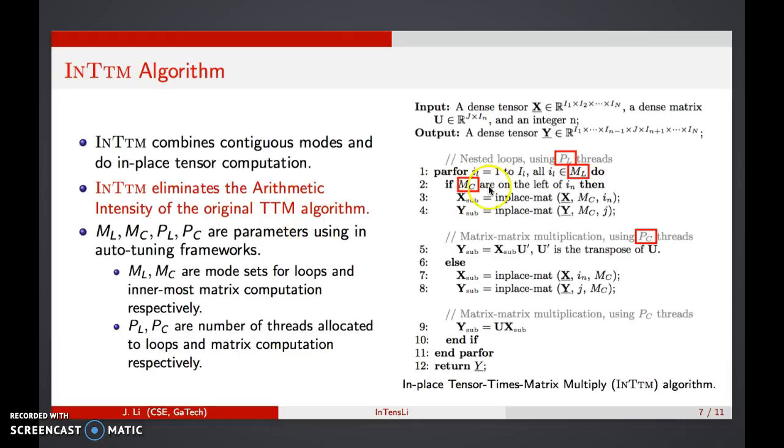And also, there are 4 parameters which are used in our auto-tuning framework. ML and MC are mode sets for loops and the innermost matrix multiplication, and PL and PC are the number of threads allocated to loops and matrix multiplication.